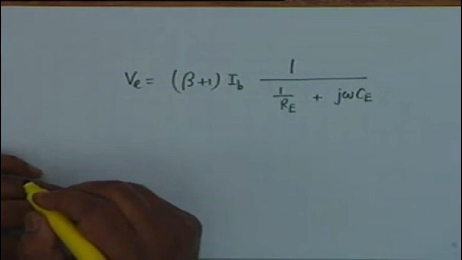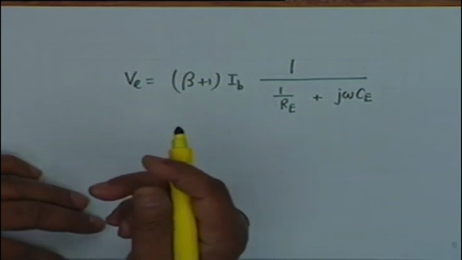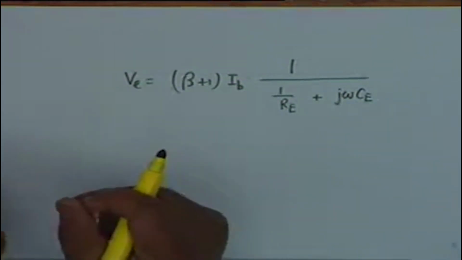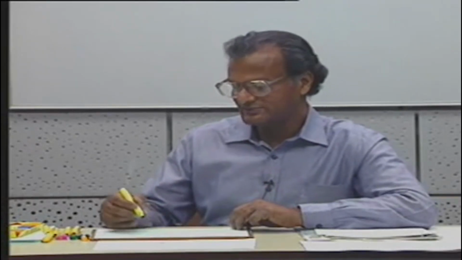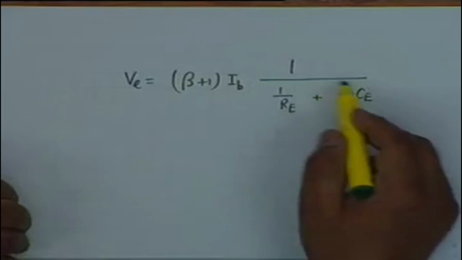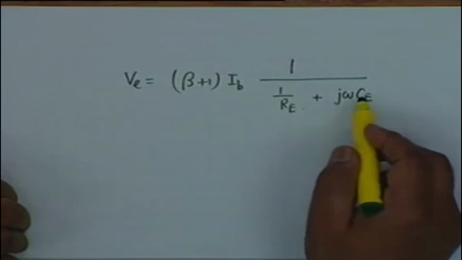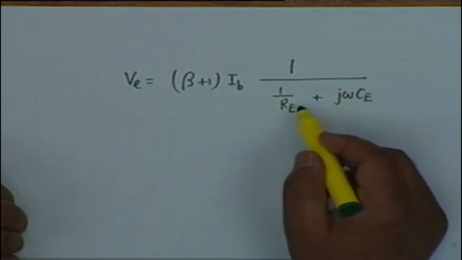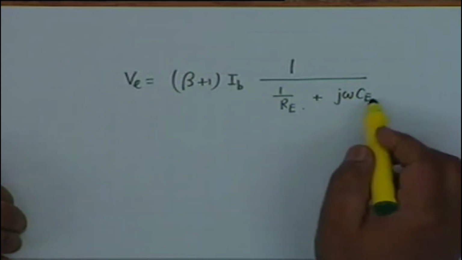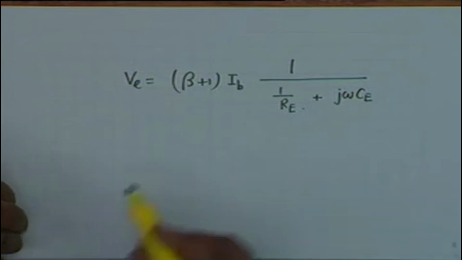Is that okay? I could have written down the impedance directly, Re divided by j omega Ce Re plus 1, but I am doing it in steps. The impedance is 1 by admittance; two elements are in parallel and therefore admittances add. For the resistance the admittance is 1 by Re, for the capacitance it is j omega Ce.